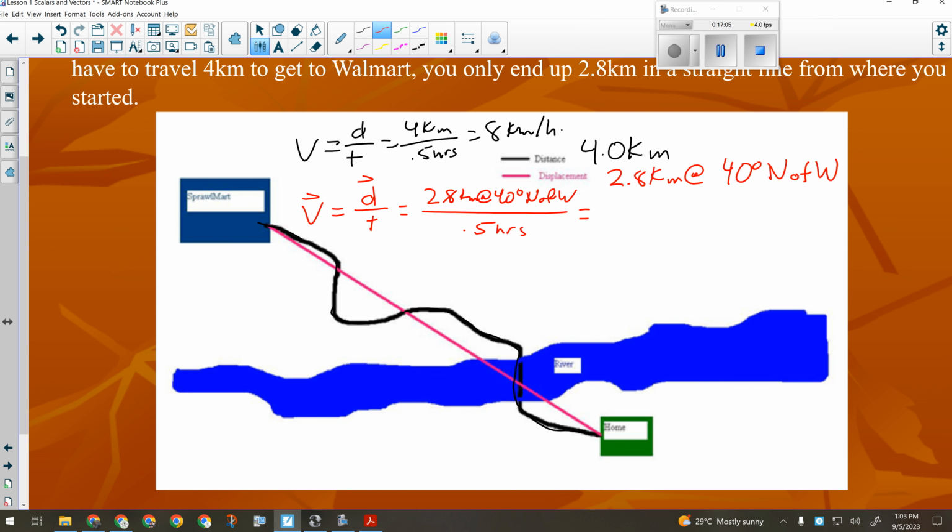That's going to give me 5.6 kilometers per hour at 40 degrees north of west. Velocity tells me how quickly and in what direction I change my position, whereas speed tells me how fast I'm going. Period.